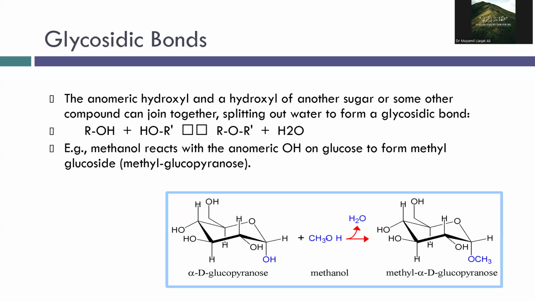For example, methanol reacting with glucose forms methyl glucoside. The bond can be alpha or beta depending on the configuration of the anomeric carbon. These bonds are stable in the body but can be specifically hydrolyzed by enzymes during digestion.